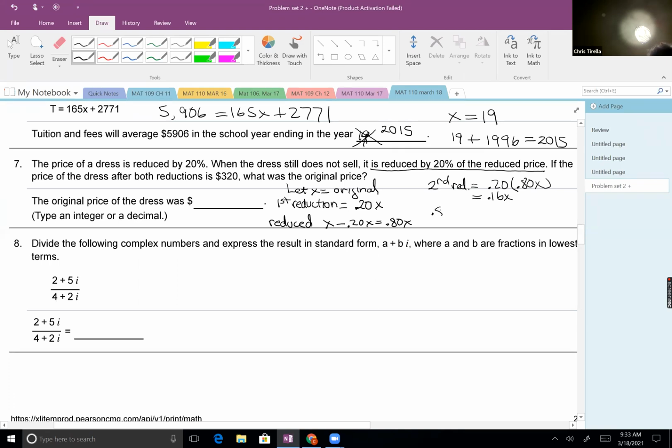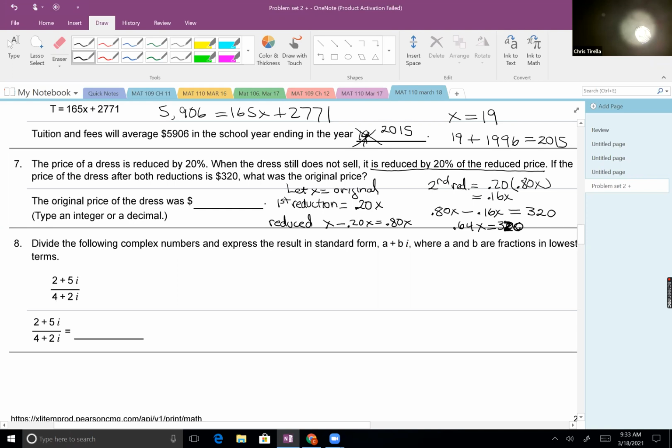And so when I take that off, the sale price, that's when I get that $320. This difference gives me 0.64x equals 320.